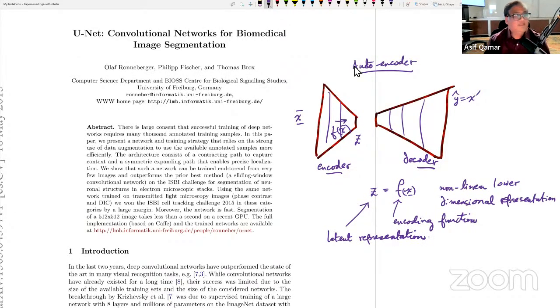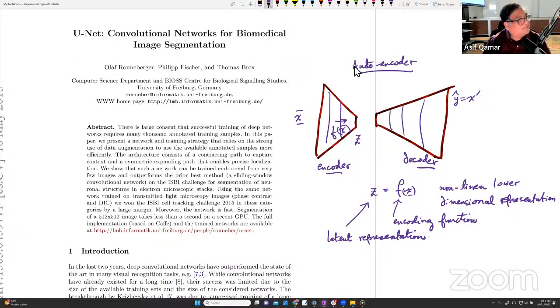In some sense, you can think of it as a very meaningful, low-dimensional representation of the data. Therefore, it's a very powerful technique for dimensionality reduction. It's a nonlinear technique. Why?